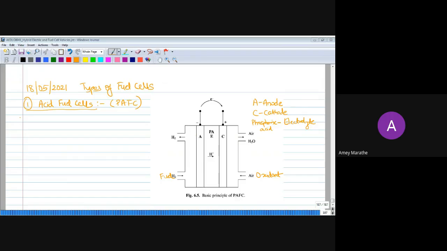Let us write down a few points about the acid fuel cells.